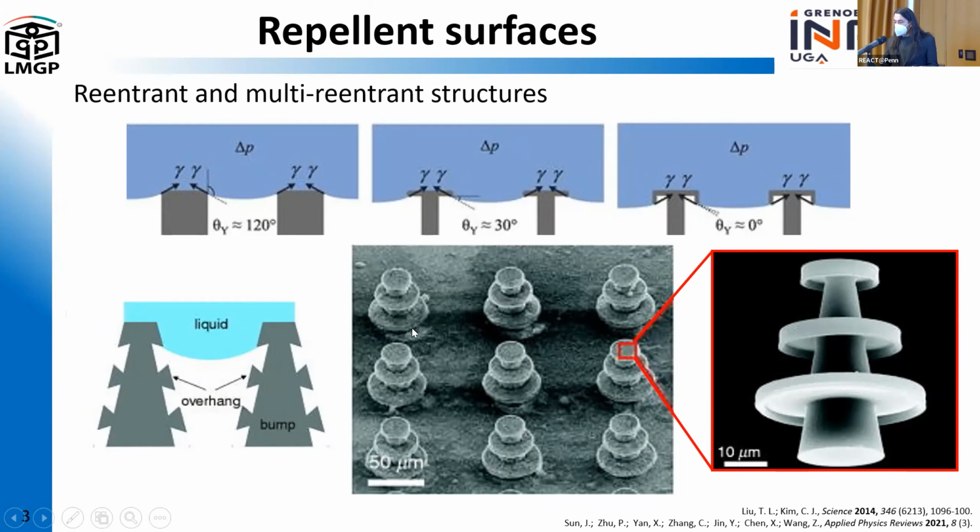As you can see on this image, we can do that. But in this case, for instance, it was made by 3D direct laser writing lithography. We made some very nice SEM pictures, but as you may understand, it's not easily scalable.